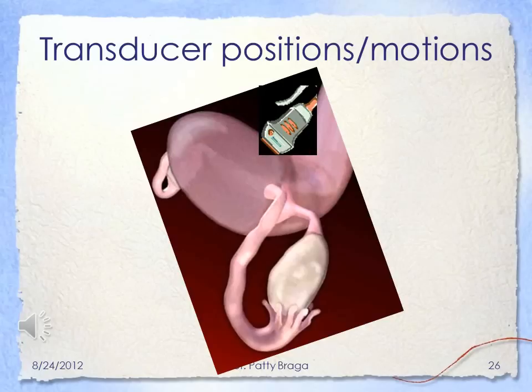One, when we ask the patient to fill their bladder, it helps to push the uterus down a little bit, but it never makes it completely flat. So when you scan the uterus, you angle your transducer superiorly towards the patient's head. That makes you a little bit more perpendicular to the uterus itself so that you can get good scans.